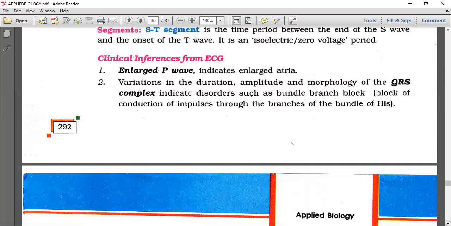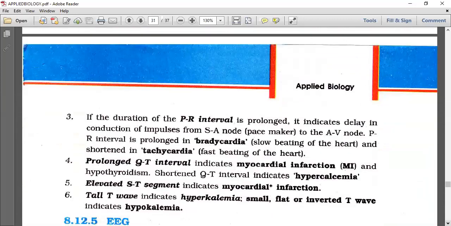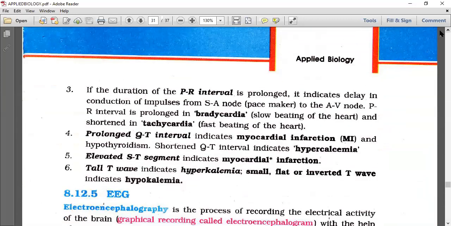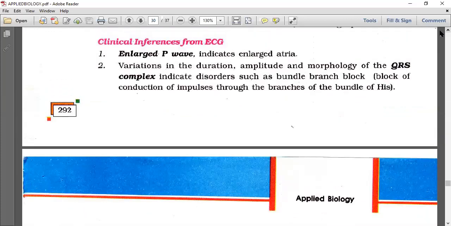Then why are we learning this? When we know the normal, we will come to understand what the abnormality will be. So the abnormalities are given here. If any MSET aspirant is there, these particular points 1, 2, 3, 4, 5, 6: for the last 10, 15 years we have been getting a compulsory question from here in MSET.